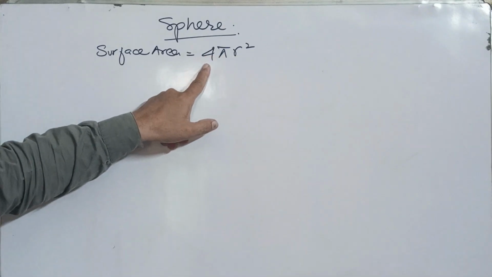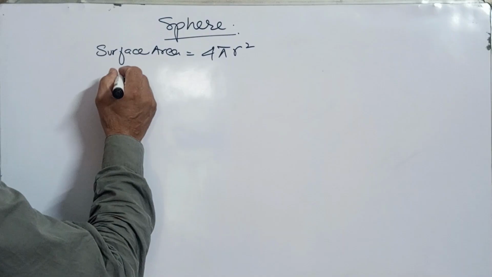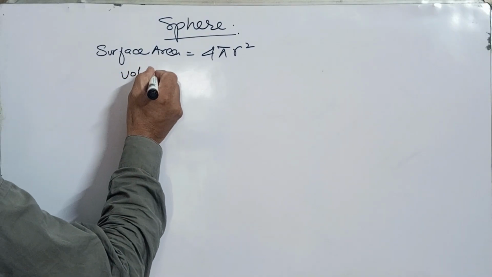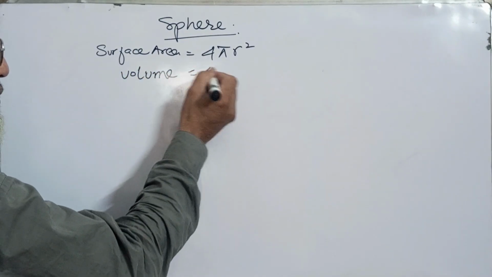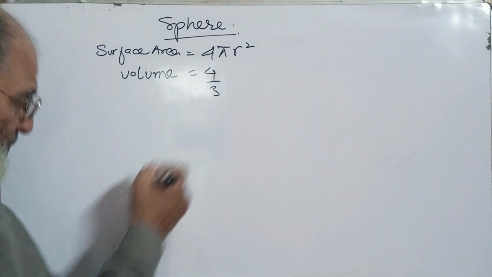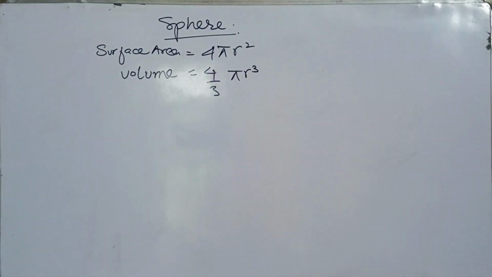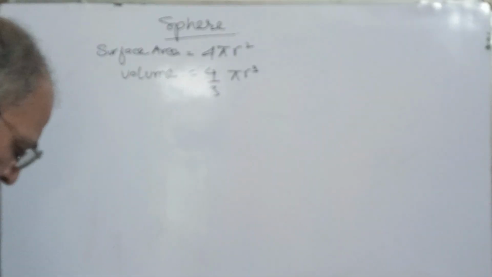But in this, it is 4 pi r square, and the volume will be 4 by 3 pi r cube. So these two formulas will apply on the exercise today.